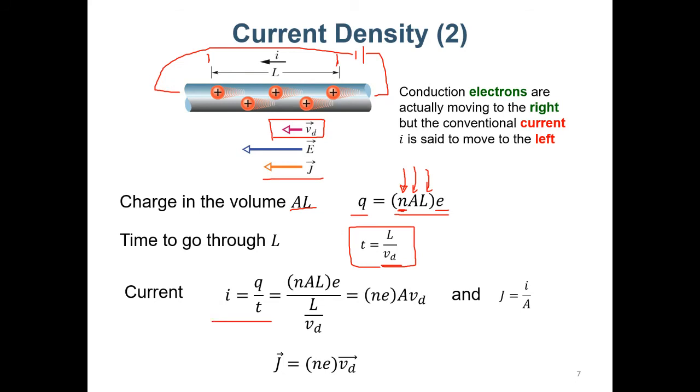I is Q over T, because we consider the current is uniform, so we don't really need to take the derivative. We can just use I equals Q over T, and we just substitute T and Q. So L and L can be cancelled, and we have NeA times Vd, so we have NeAVd.